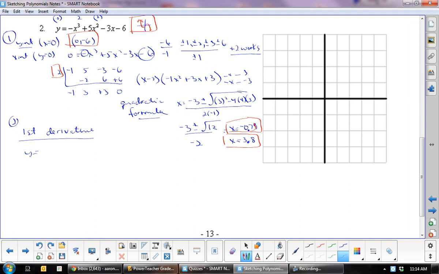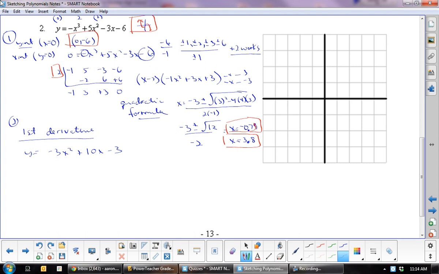Okay, so that's 1. So second, I want to do the first derivative. That's what I meant to do. What is it? -3. Okay. Take out a common factor.